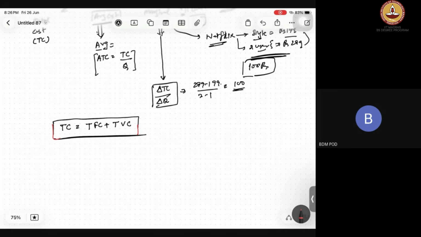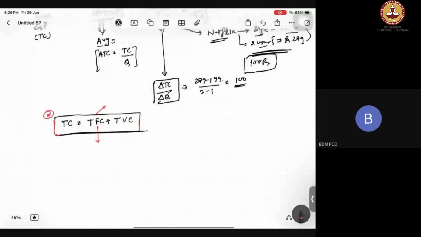For a short run, what I told, we need to fix some input, that is called a fixed cost. So you understood now what exactly is the meaning of total cost: fixed cost plus variable cost. Fixed cost you already know, and variable cost as of now you know, right?